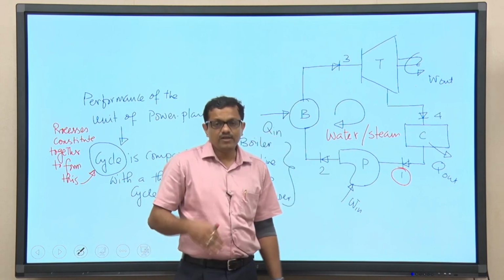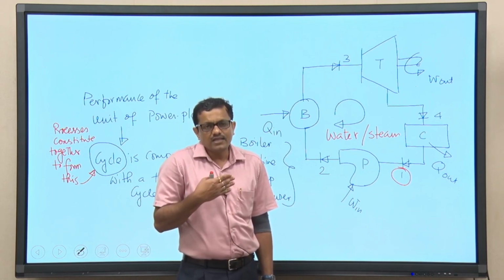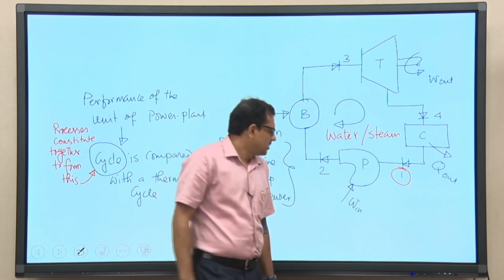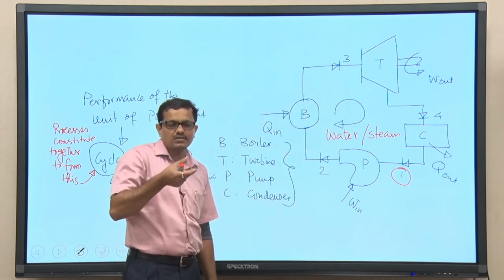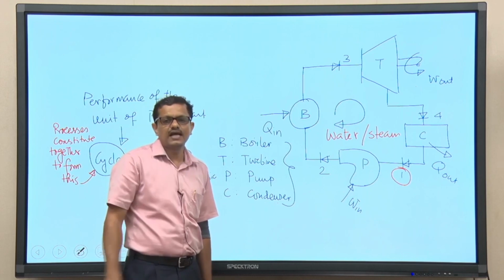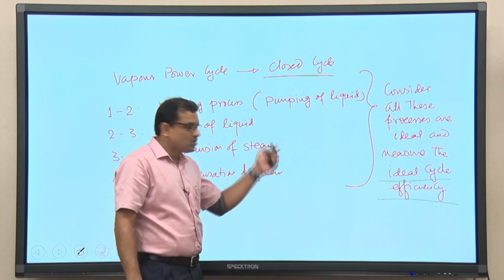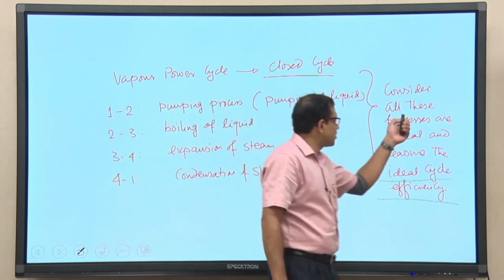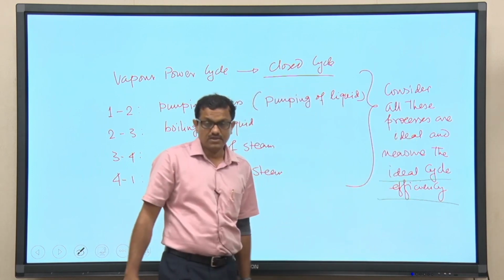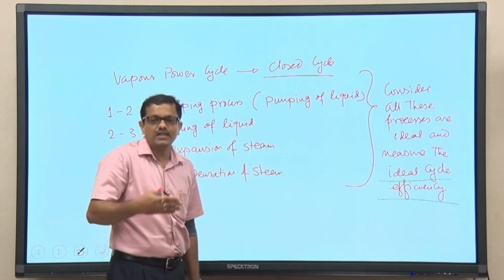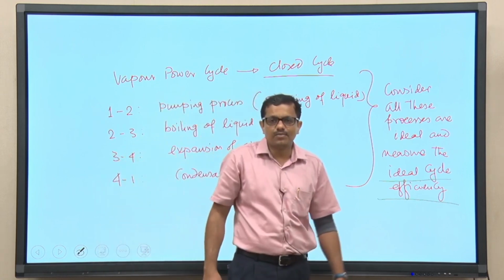So, knowing that some degree of irreversibility will be there, we just cannot trivially ignore it; the actual process should be different from the ideal process. So, if we go to the slide, though we can consider all the processes ideal, accounting for the fact that some degree of irreversibility will be there in all processes, all the processes will not be ideal.